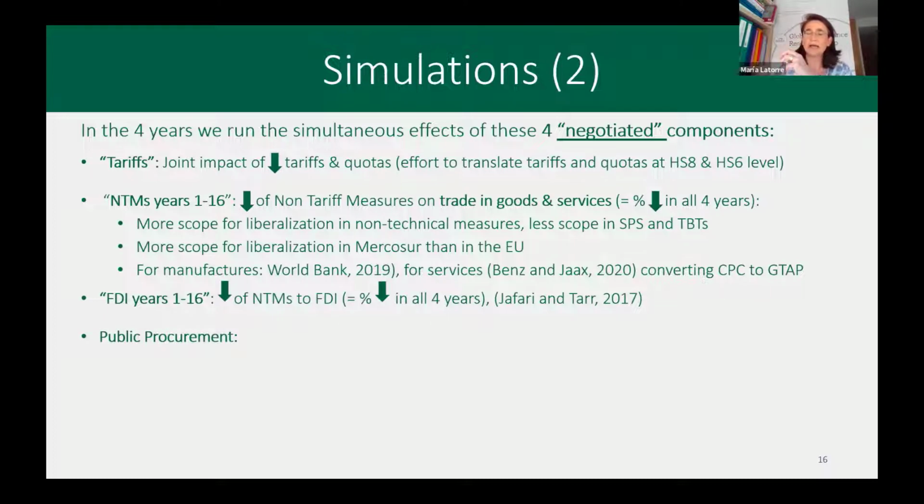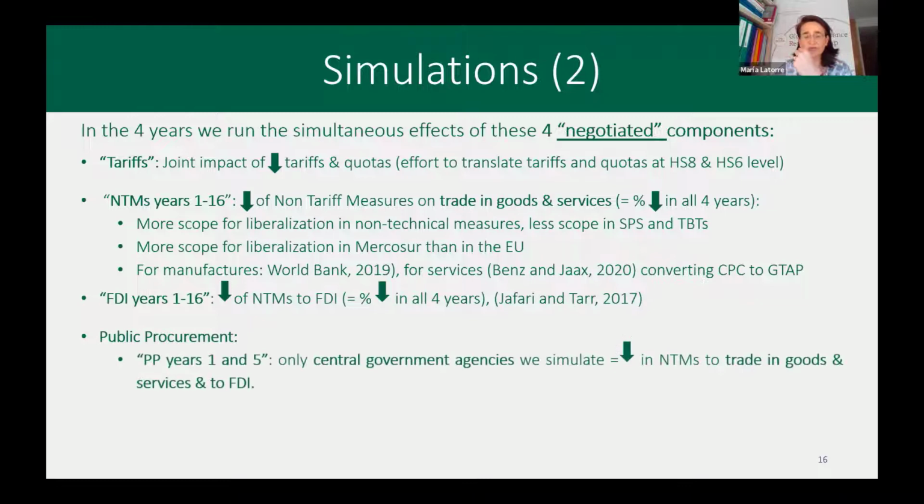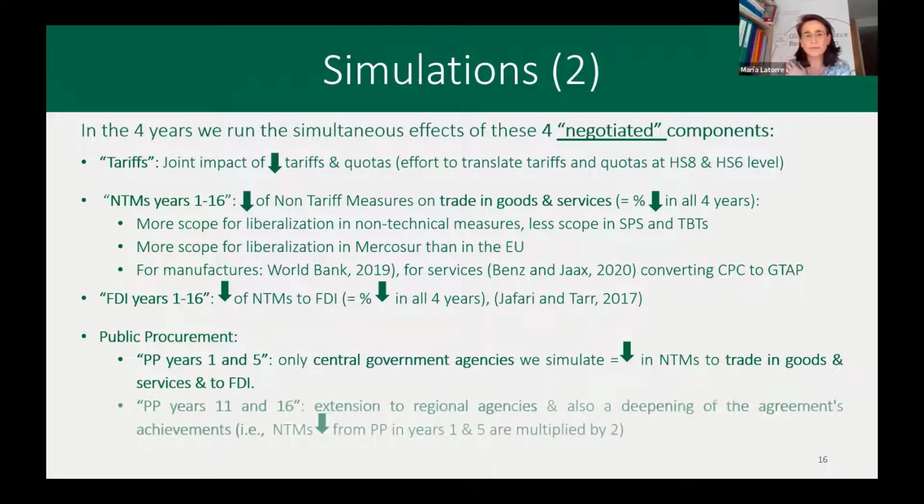which in reality allows us to do 2 things. First, in principle, public procurement would be open at the central government agencies level. So we simulate an initial reduction in the NTM barriers, looking at how they have been negotiated in public procurement. And then for the latest 2 years that we model here, we consider the possibility that it could be extended to regional agencies, also opening public procurement.